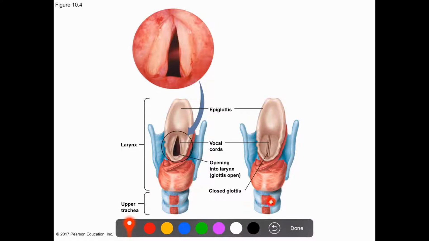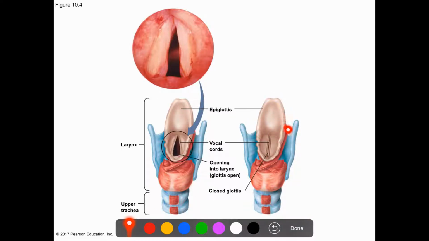The trachea is part of the respiratory system. The esophagus behind the trachea is part of the digestive system, the gastrointestinal tract. So the epiglottis, when there is food, will cover the trachea, so the food will not slip into the trachea.